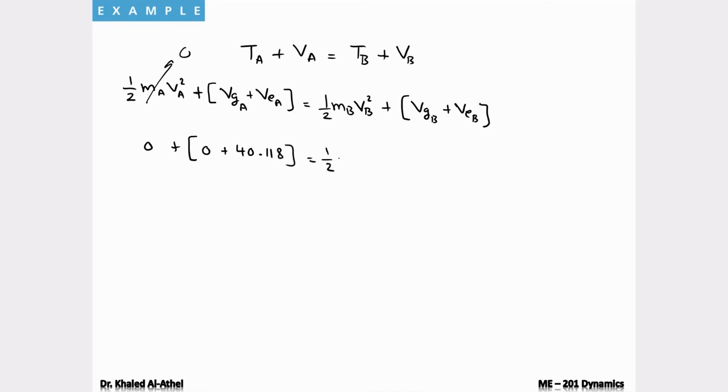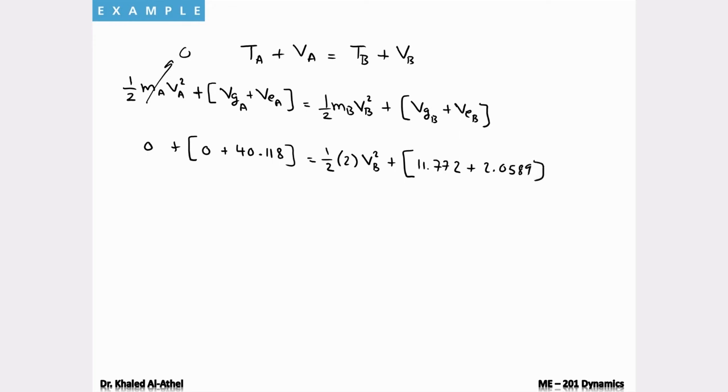Should equal to half, the mass is 2 kilograms, VB squared, plus 11.772, plus the elastic energy, 2.0589.